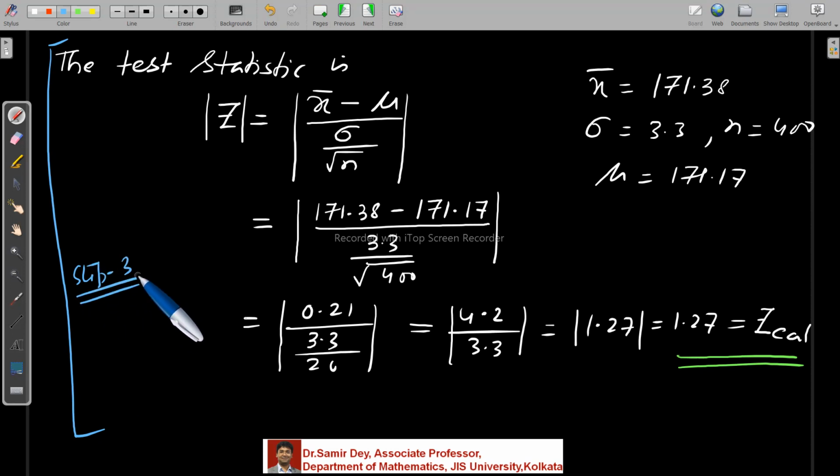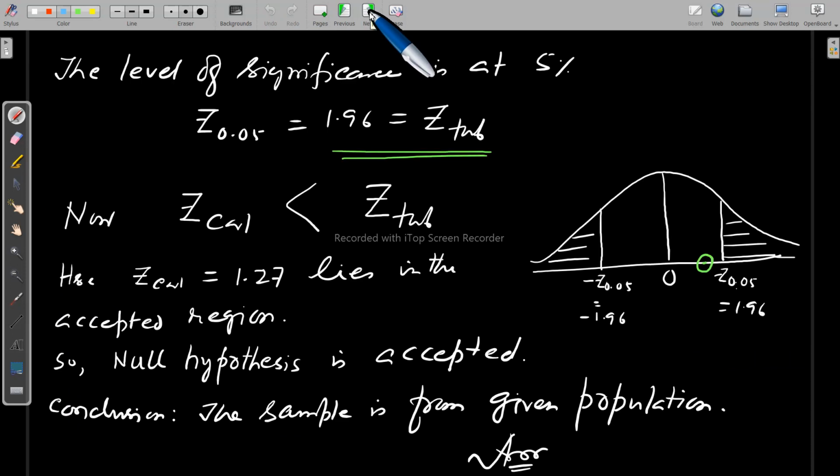So first step is information, second step is the hypothesis area, null hypothesis and alternative hypothesis. Third step is all about the test statistic. Now fourth step is all about the given information, at what level you want to test it. So here the level of significance is at 5%.